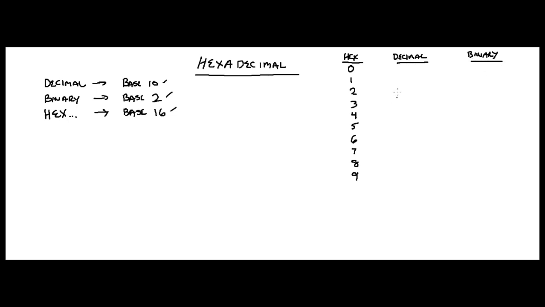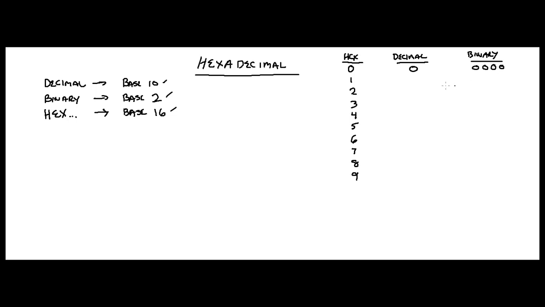Now, decimal 0, hex is 0. That's equal to decimal 0, right? Binary, it's equal to what? By the way, this binary number in this column is just going to be 4 bits.